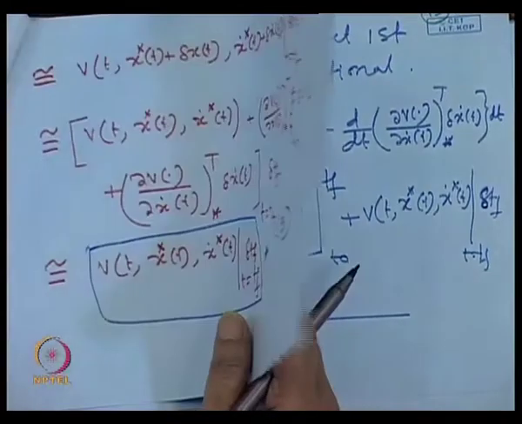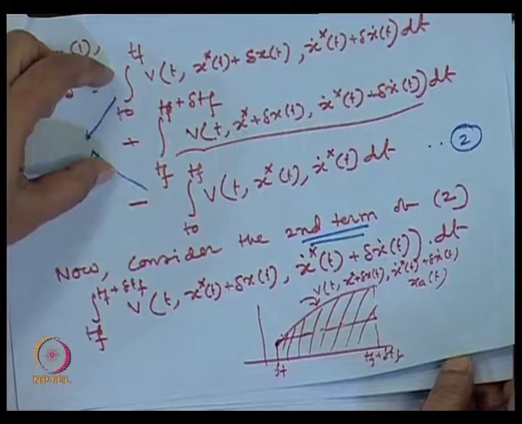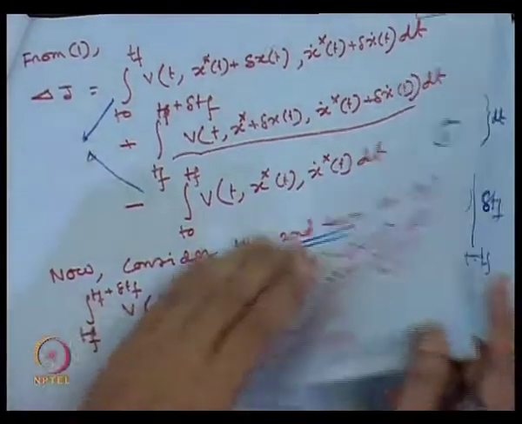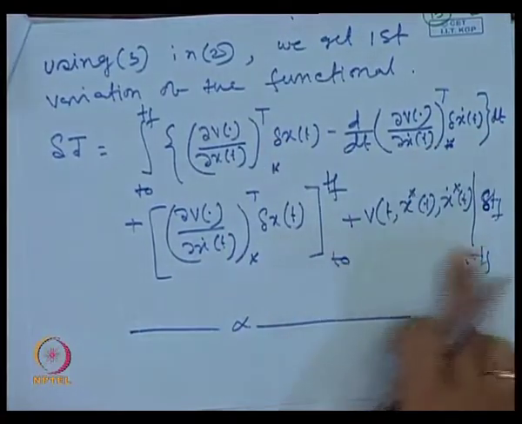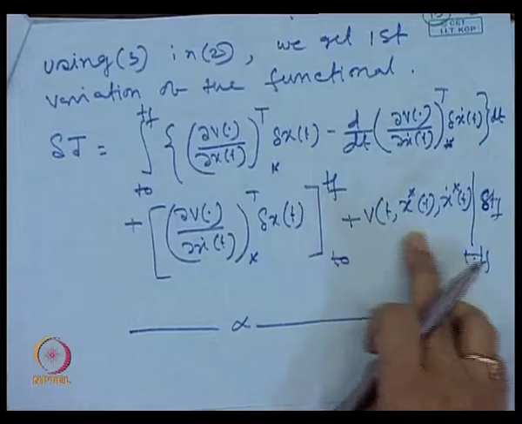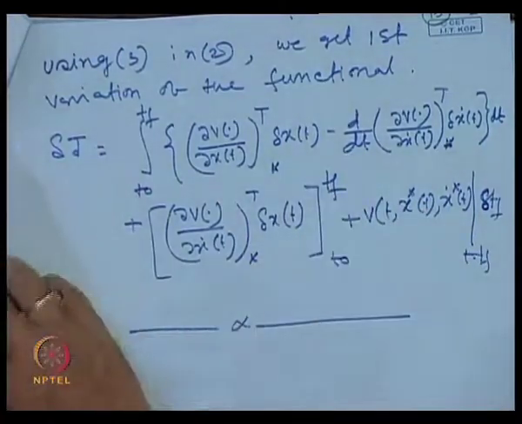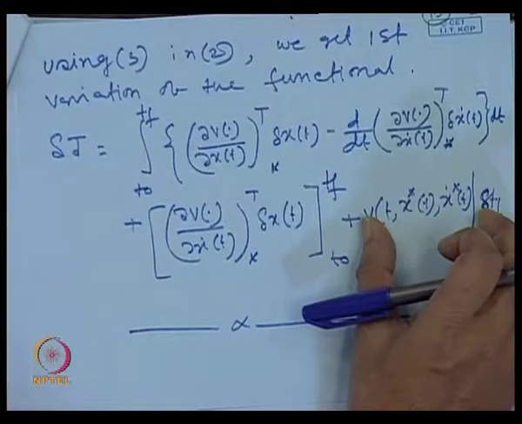I told you earlier, this term and this term we can simplify as we did before. So, the last term we have simplified this way, and the middle term of the increment of functional value is approximated this way.